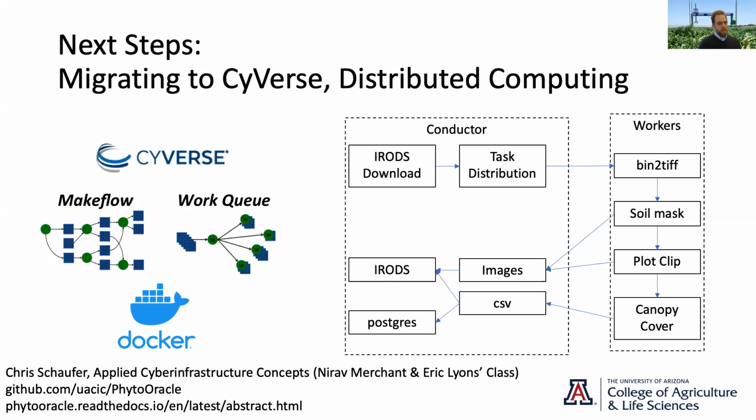Some of the more recent work that we've been doing in order to take the work from TERRA REF and migrate it into a more robust and flexible framework is to take the individual components, modularize them, and use a proper workflow system called MakeFlow and WorkQueue.